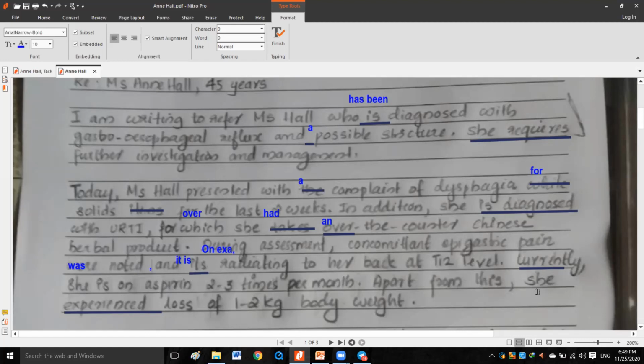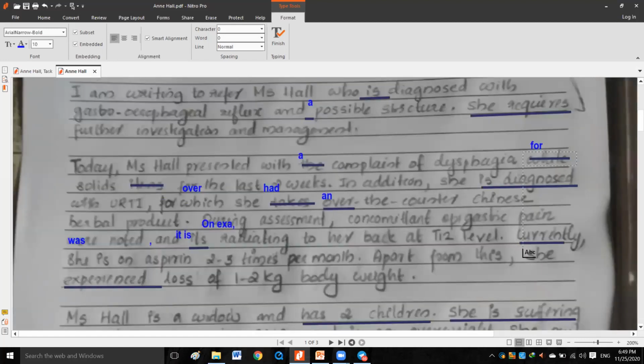This is another word I can't read. Is it currently? Maybe currently. She is currently on aspirin 2 to 3 times per month. Full stop. Apart from this, she experienced loss of 1 to 2 kilograms body weight.